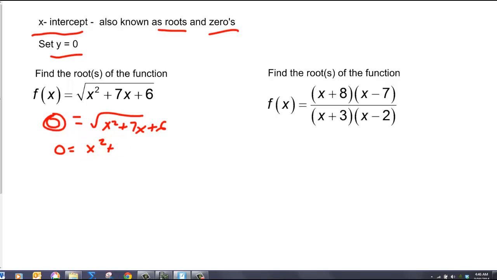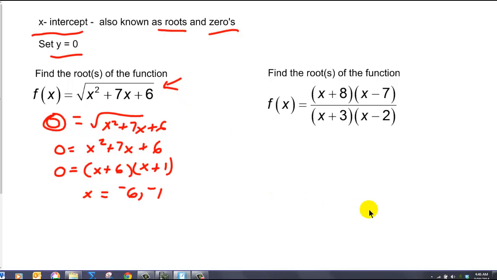That's x squared plus 7x plus 6. And we can go ahead and factor that into x plus 6 and x plus 1. So we can then say that x is going to equal negative 6 and negative 1, and those are our x-intercepts for the graph, and we don't even know how to graph that function yet.